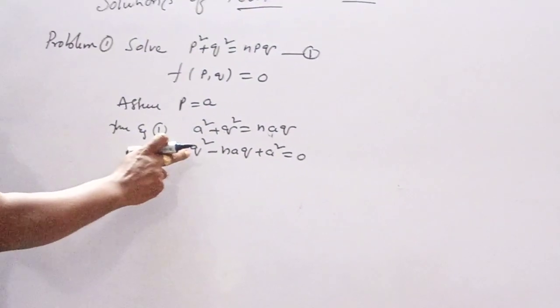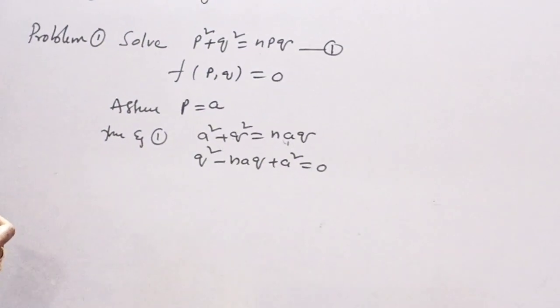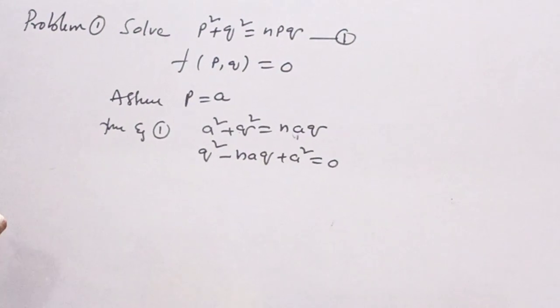Using the quadratic roots, x = (−b ± √(b² − 4ac))/2a.